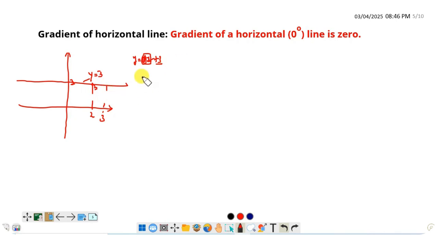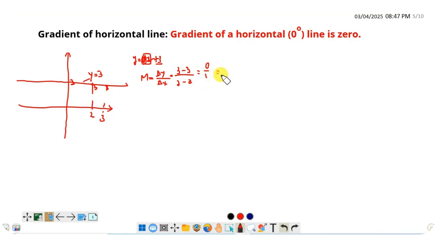So let's see the gradient: m equals change in y over change in x. Let's start with the y value here, 3, minus the y value for this point, over x minus x. So 3 minus 3 is 0, over 3 minus 1.